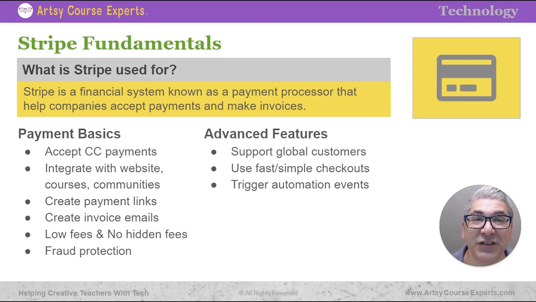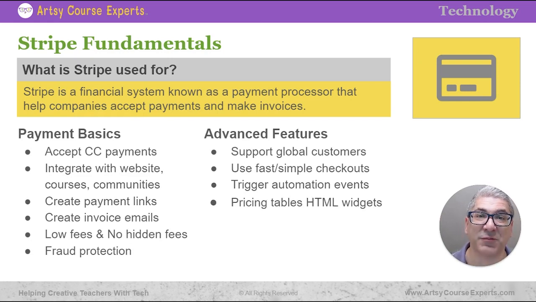Another advanced feature are pricing tables. This is where you see small, medium, large, or 1 month, 3 month, 6 month coaching packages. You don't have to create these externally on your web page. Stripe has this great HTML widget that makes these pricing tables. They connect to the various products and services that you created.